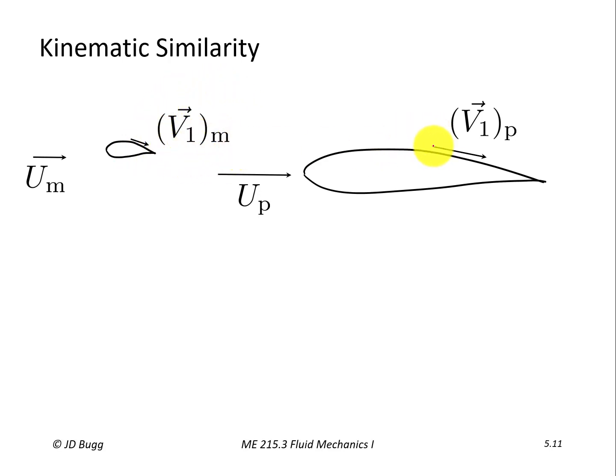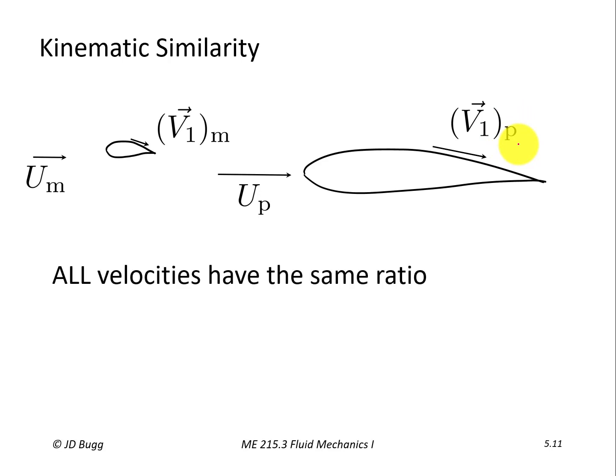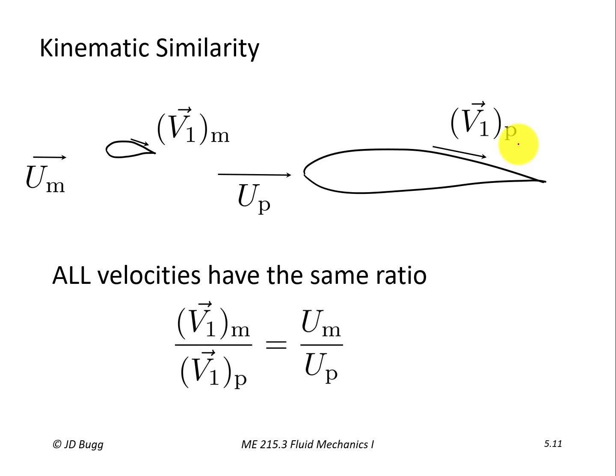If we go to that geometrically similar point on the prototype, there will be some other velocity designated v1 of the prototype. Well, kinematic similarity says that all velocities have the same ratio. So that means that the ratio of the velocity at that particular point on the model and prototype has to be equal to the ratio of the free stream velocities.